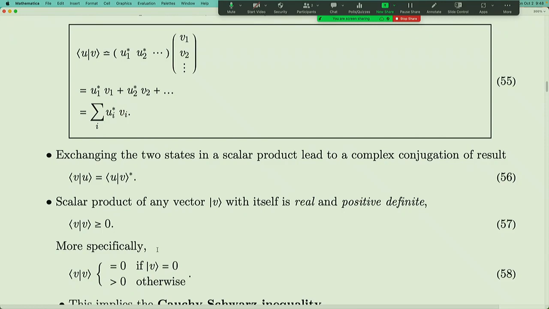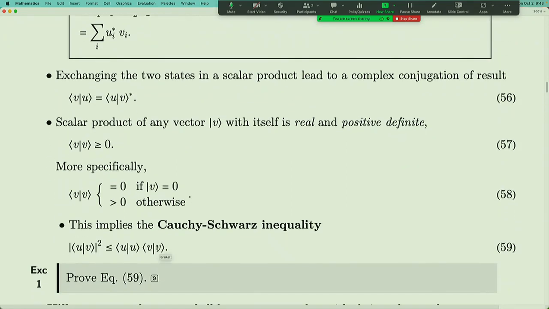If you sum over a lot of non-negative numbers, the result must be non-negative. That's why this VV inner product must be greater than or equal to 0. More specifically, it will only be 0 if every component in V is 0. Otherwise, it will always be greater than 0.